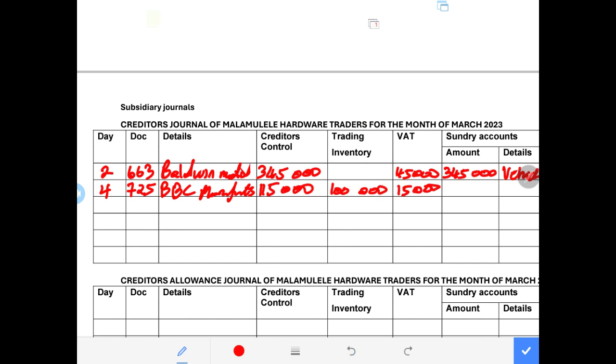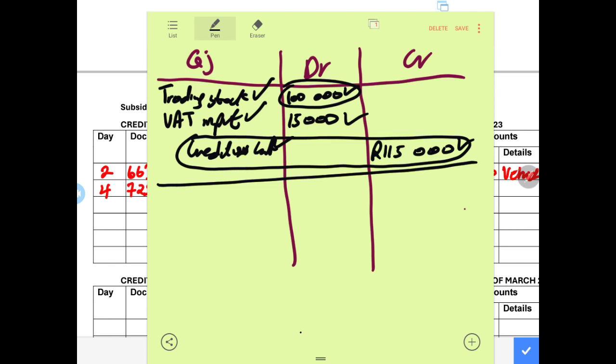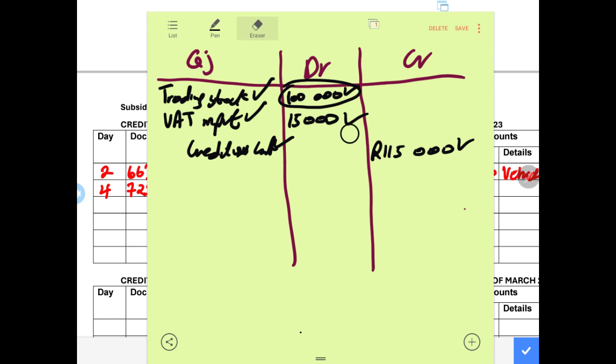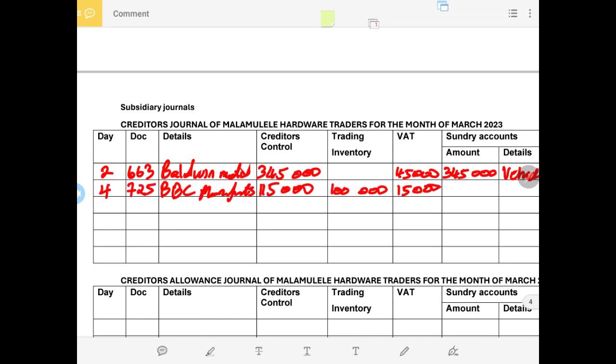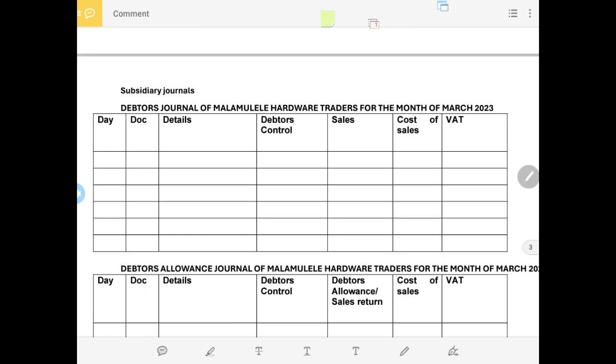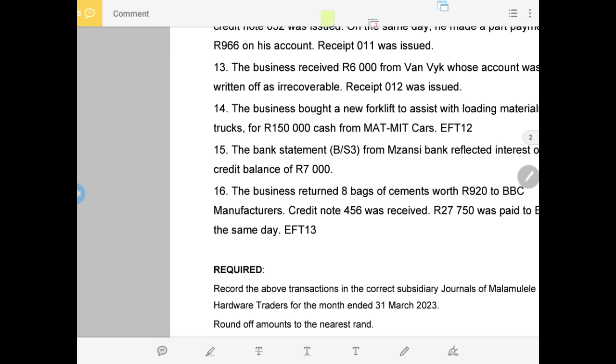Therefore, you can see from the general journal that there is no amount that does not have a column in this journal. So the sundry accounts will not be affected. That is the explanation that I wanted to bring to your attention through the general journal and the recording to the given subsidiary journal.